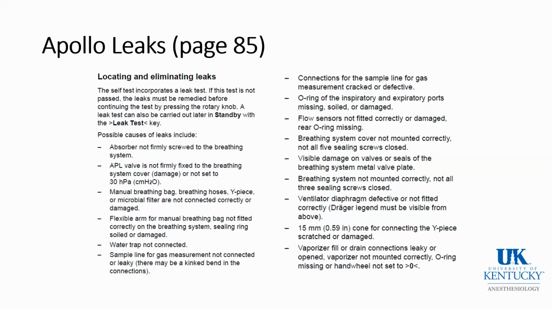There are a number of locations where leaks may be occurring, and the machine does not tell you where the leak is, so you have to explore that yourself. Possible causes include the absorber not being screwed in tightly, the APL being damaged, the bag itself, or the breathing hoses, or the flexible arm being damaged, or a sealing ring being soiled or damaged, disconnections of various sample lines, and it goes on.